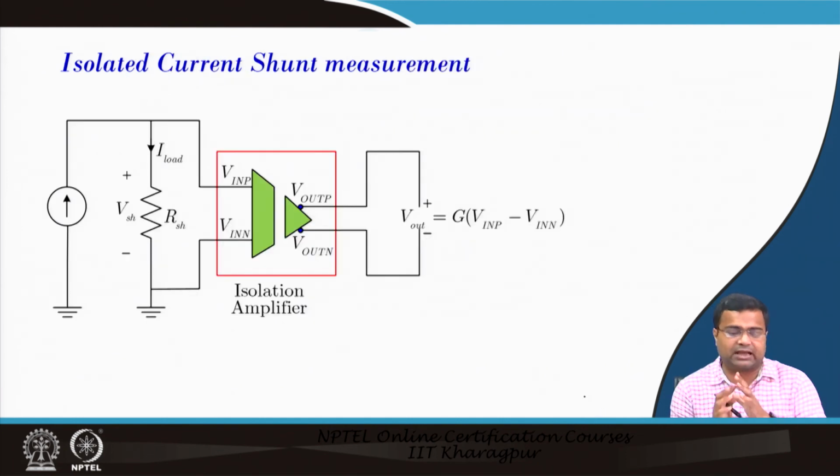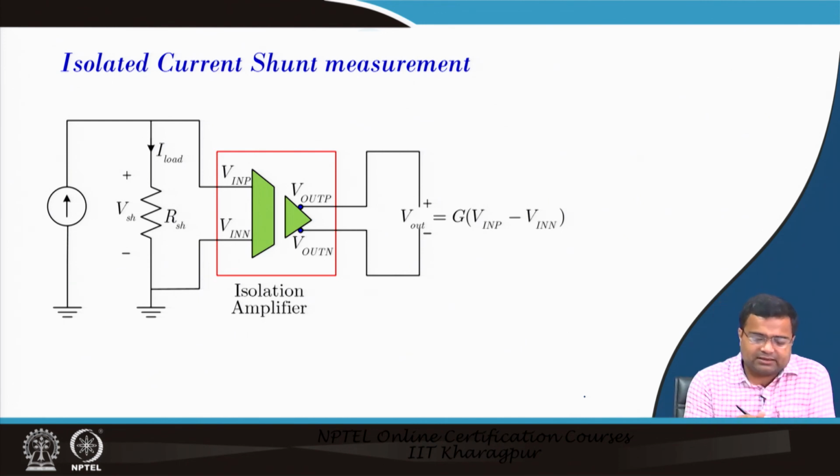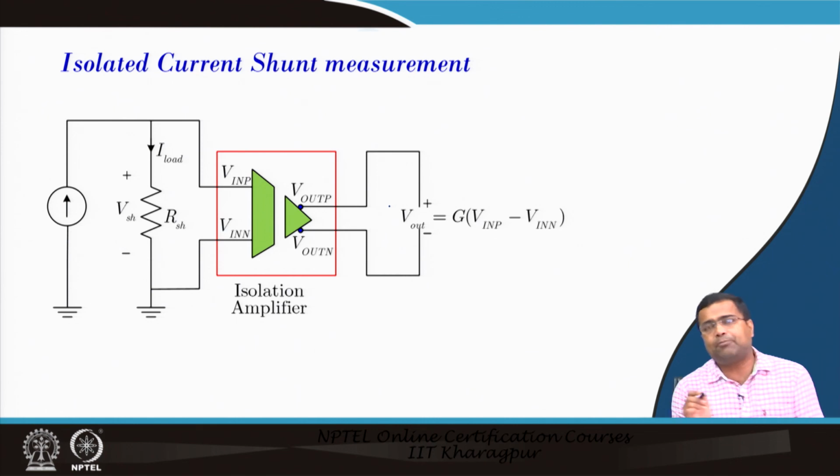Another current sensor is the isolated current shunt measurement, where you sense the current flowing through a shunt, and we also need isolation. Then we can use an isolation amplifier, whose output is in differential form, and we may have to use another stage of differential to single ended conversion.